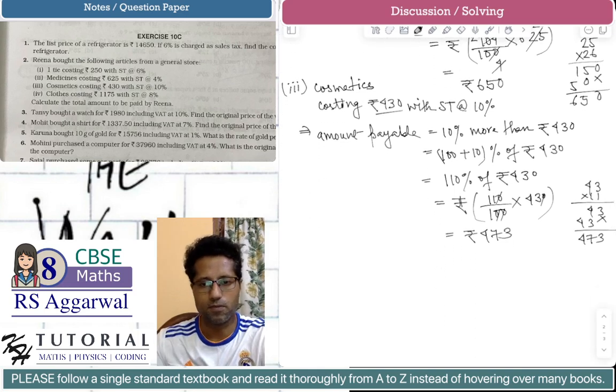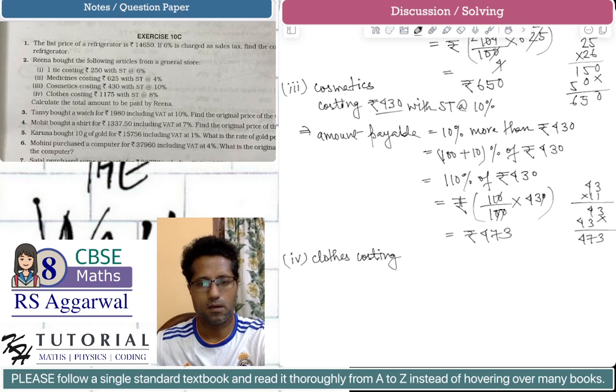Let's see what is the amount payable for the last item, that is clothes. Clothes costing rupees 1175 with sales tax at the rate 8%.